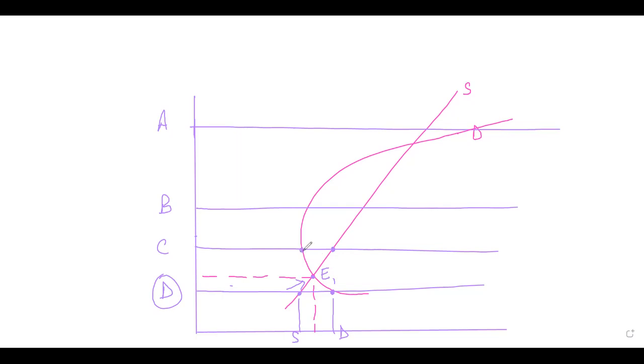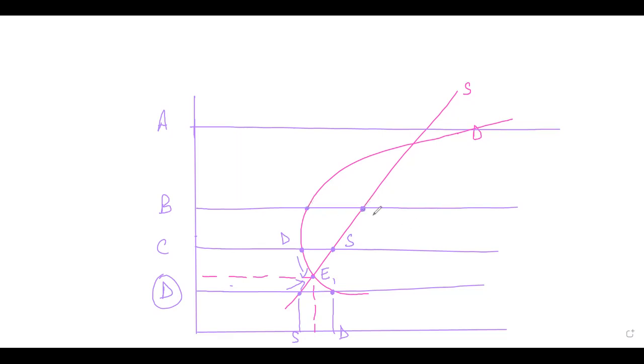When supply is greater than demand, what happens, students? Your prices decrease, and obviously you will come back to this equilibrium point. Similarly, in the case of B, again supply is greater than demand.